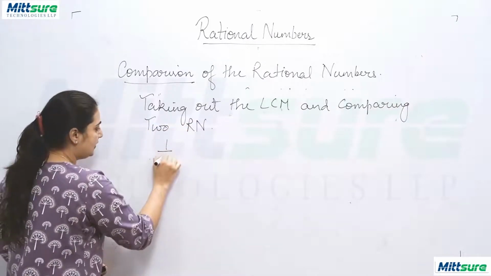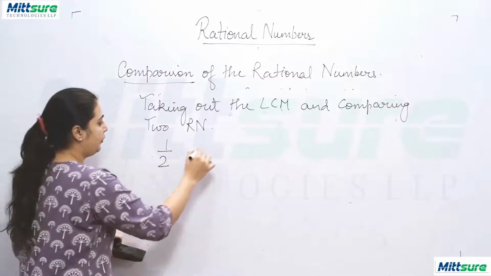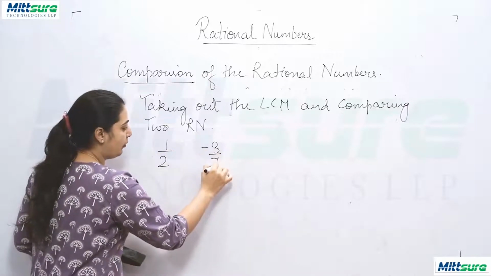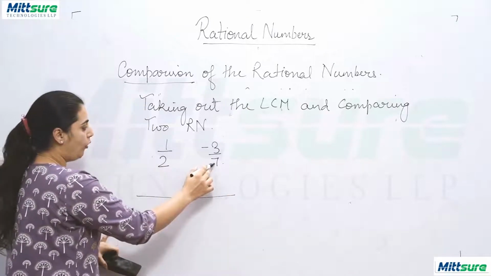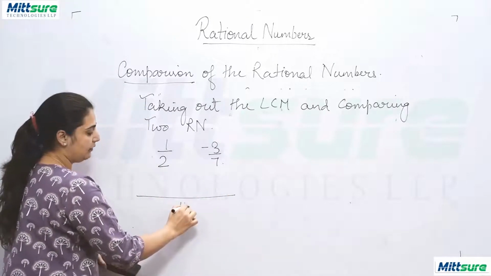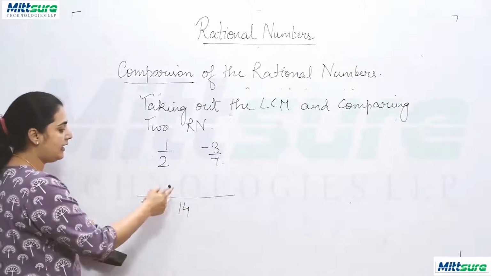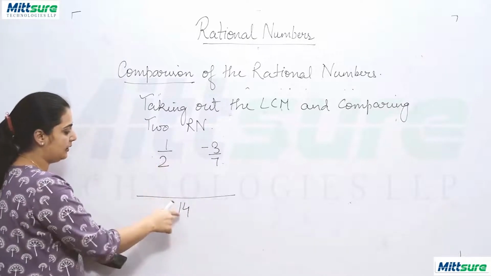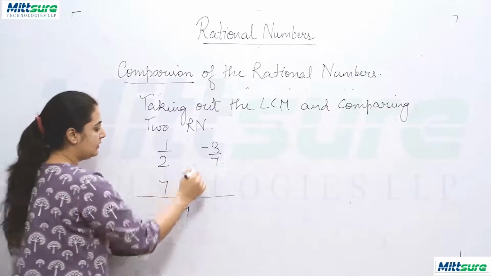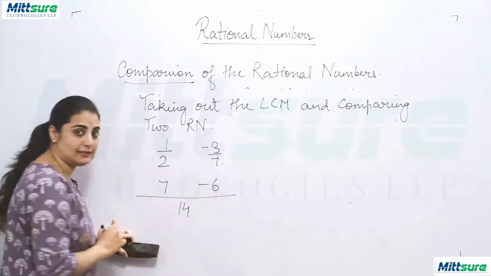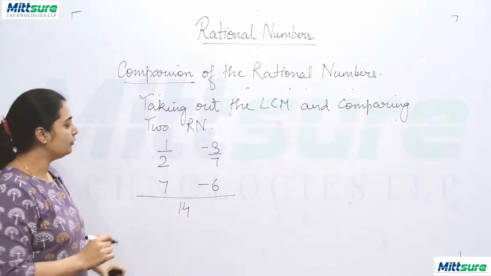So I am taking the same rational numbers, 1 upon 2 and minus 3 upon 7. The LCM of 2 and 7 comes to be 14. And if I equalize the rational numbers according to 14, I will get here 7 and here minus 6. So how did I get these two? Let's see.